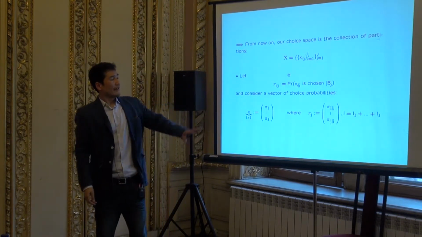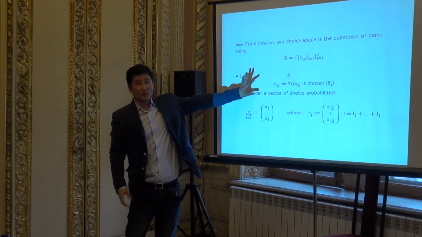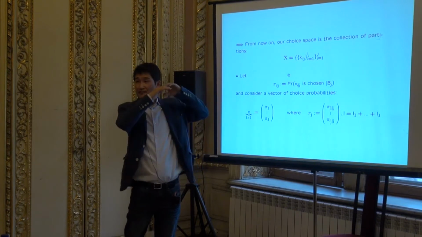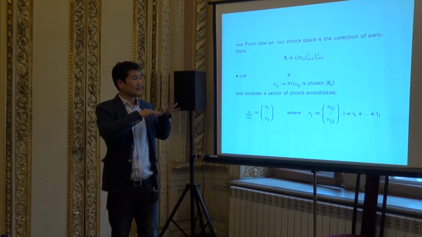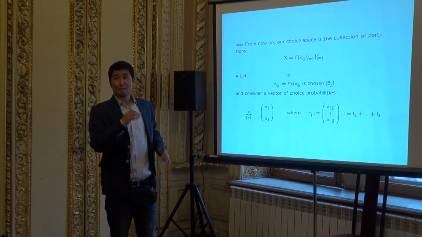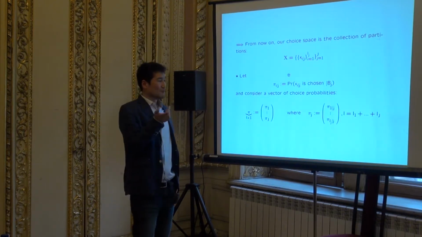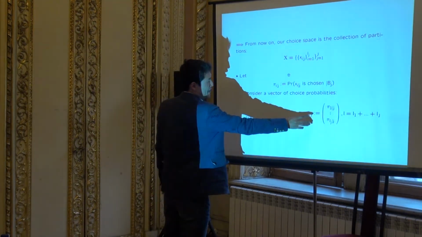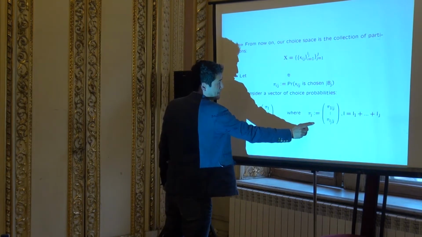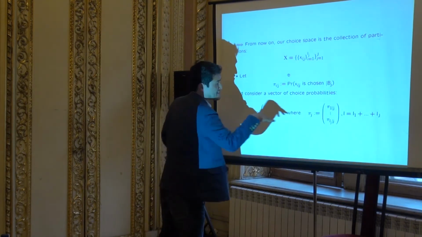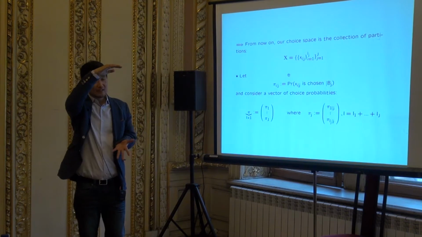So I observe the choice probabilities over, say, the red budget, green budget, and blue budget. That's the data the econometrician observes, and I stack all these choice probabilities, given the red budget, into a vector.